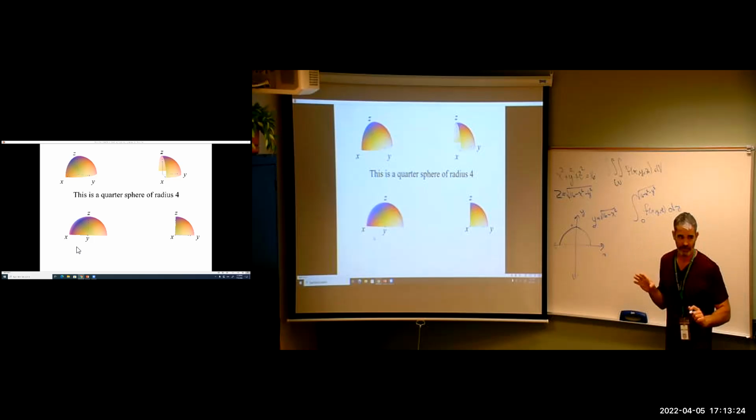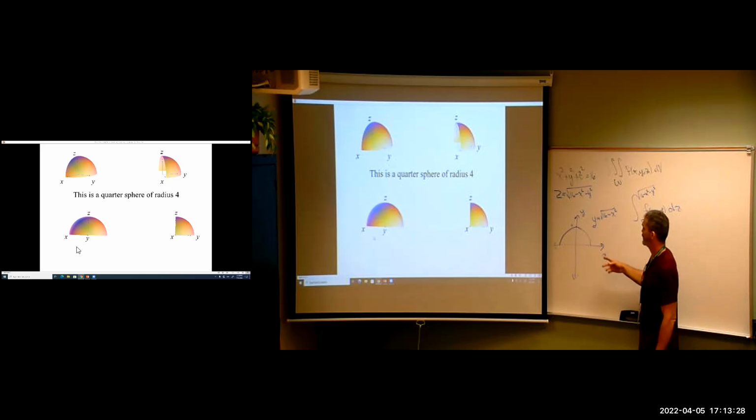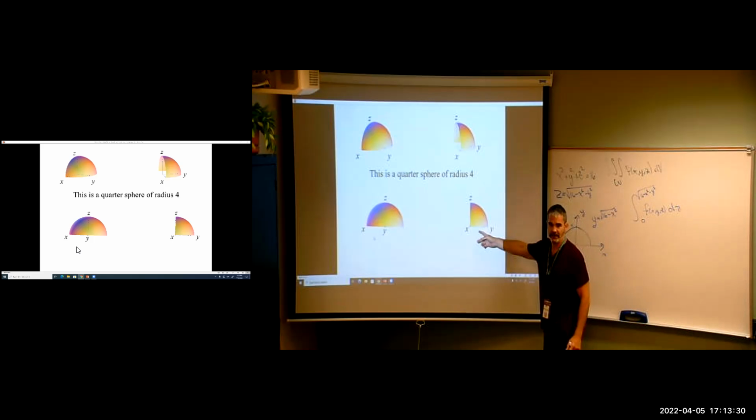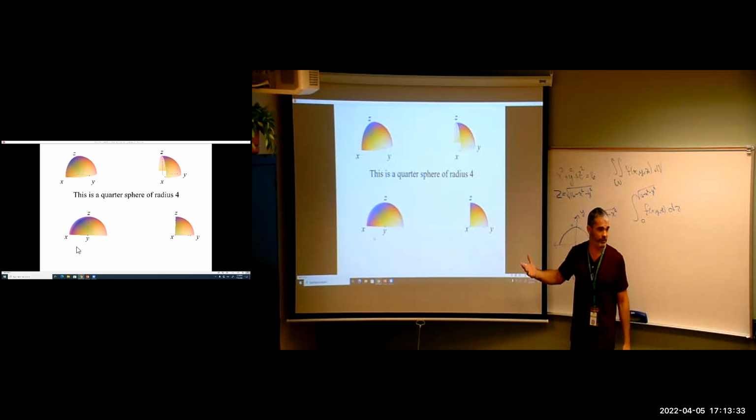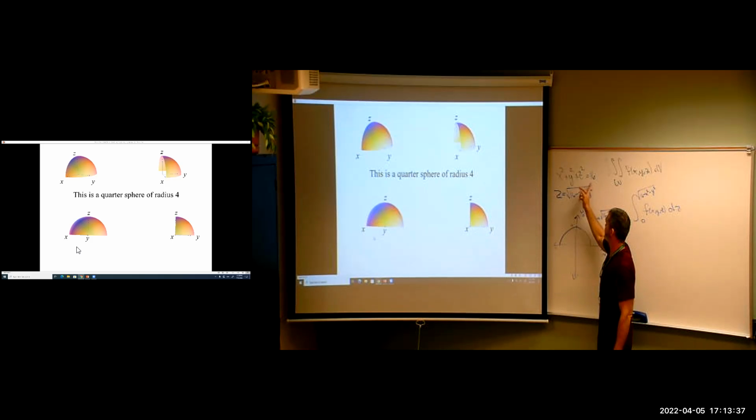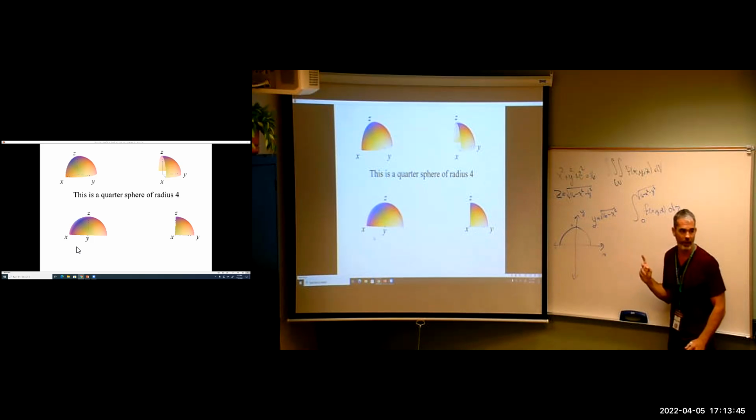This is not coincidental because we're all working off of the same sphere. When we're down in the XY plane, z has a value of 0. I could have gotten this equation by finding the trace of this when z equals 0. That would leave me with x squared plus y squared equals 16; solve it for y.